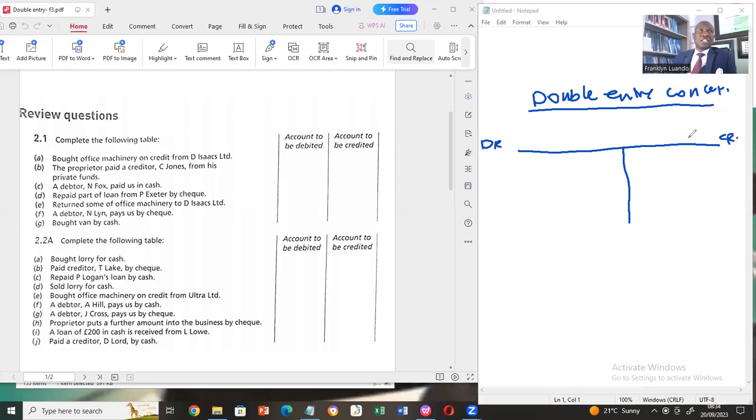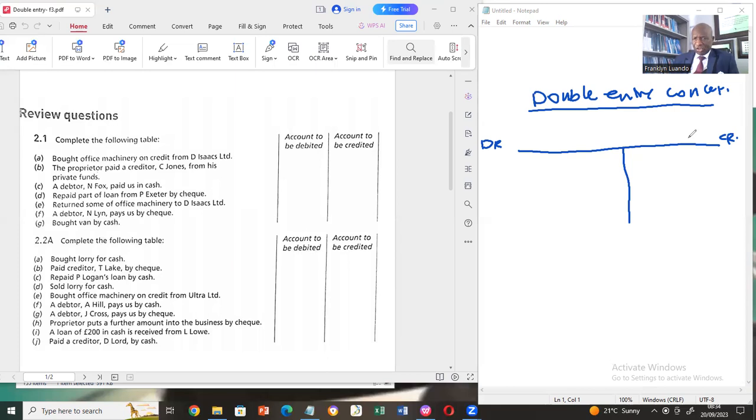An account gives details of the transaction that occurred. Each transaction has its own account. The debit side of an account is the receiving side, and the credit side is the giving side. So now let me explain.